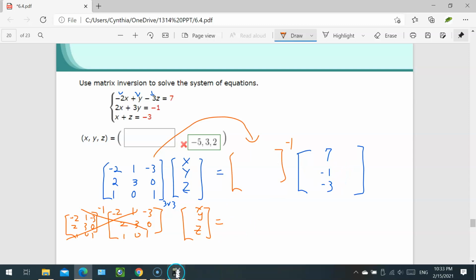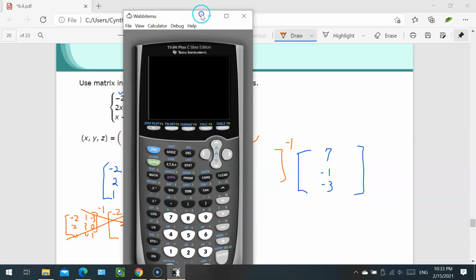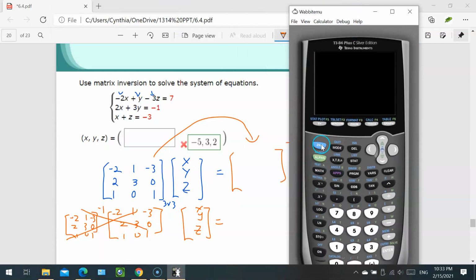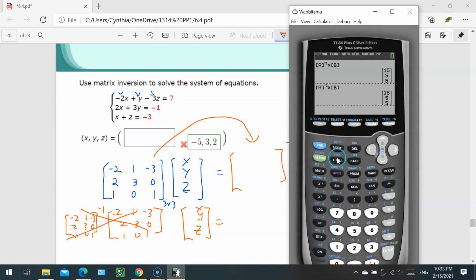So we take out the calculator. I click on second matrix. Move to the edit. I'm going to use the matrix A. Now I'm going to change the size. This is 3 by 3, so it's the same.